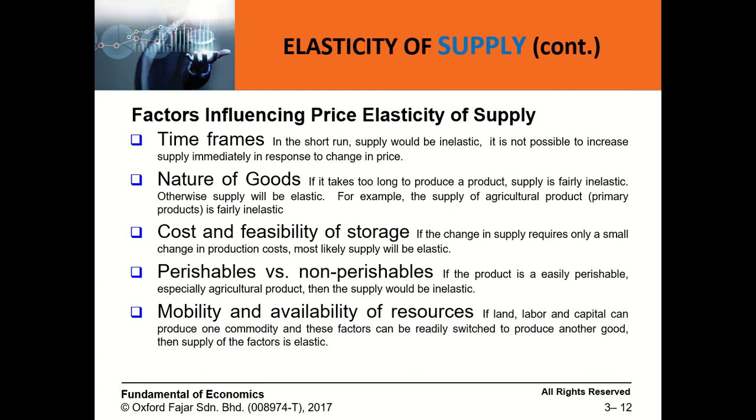If we can switch labor with capital, such as machines, when we see the price of a certain good increase, we can easily produce the good using capital, because in this case capital allows you to substitute the labor that cannot work. So in this case the supply tends to be elastic.